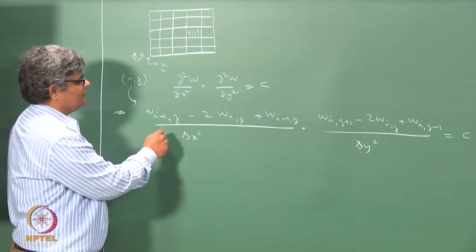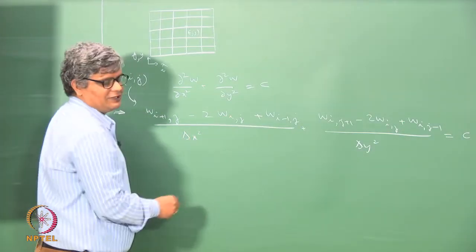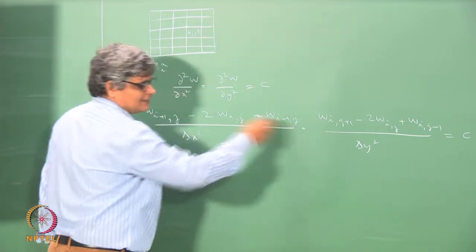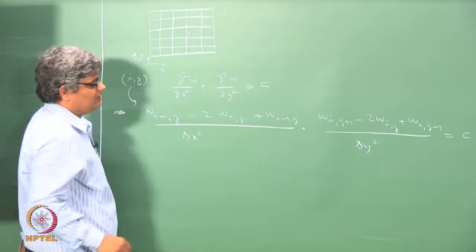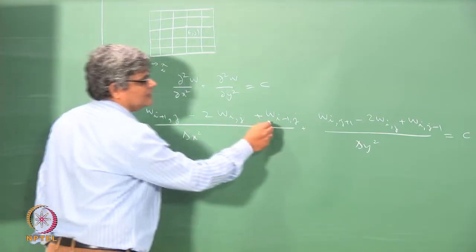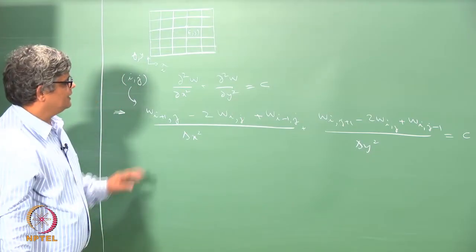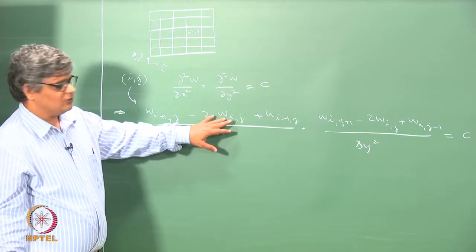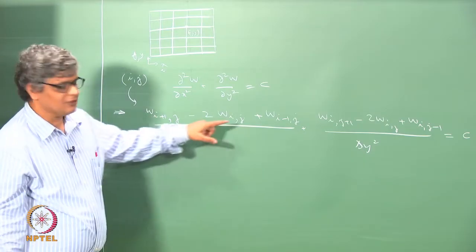And we see that we can solve this equation for the value of w at i, j. So, if we know the j plus 1 value and the j minus 1 value, then we will be able to get w ij. But unfortunately at this stage we do not know what the neighboring values are.